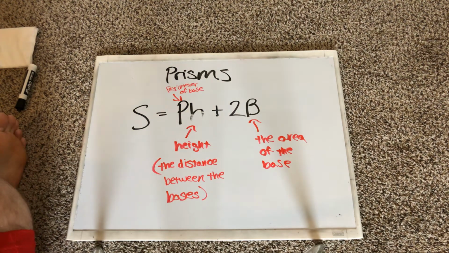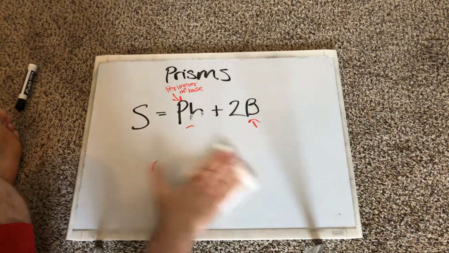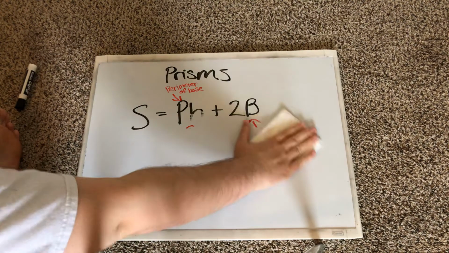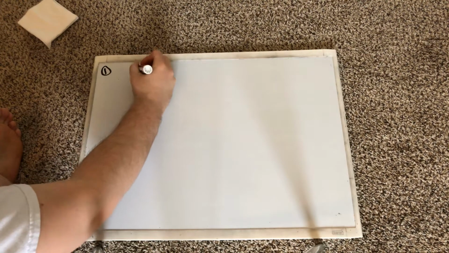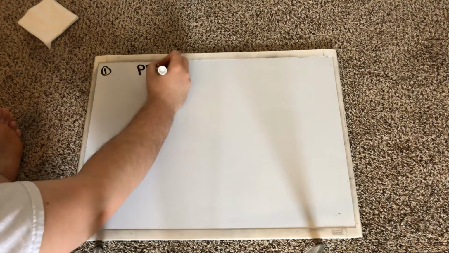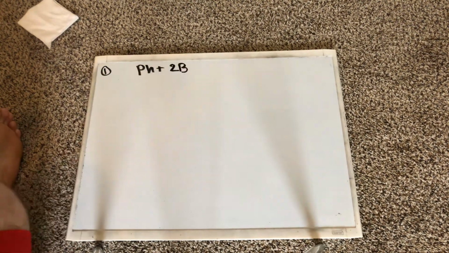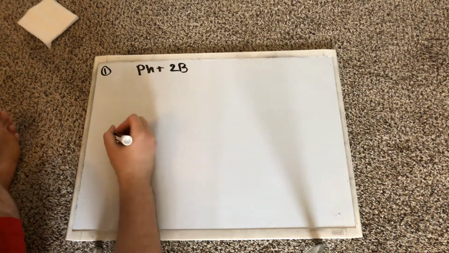So let's try an example. This is number 1 in the notes, and I'm going to put the formula at the top here. So I've got to test my drawing abilities.